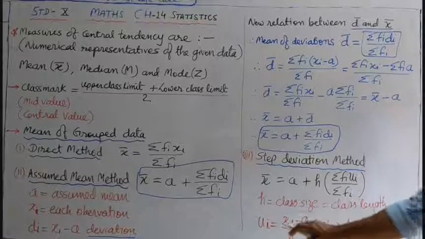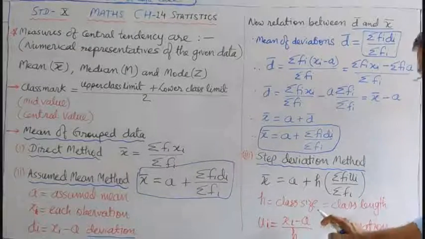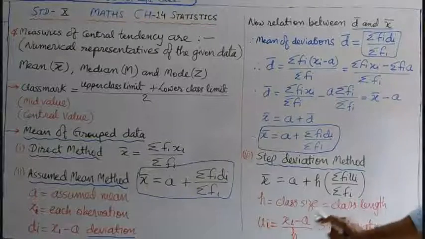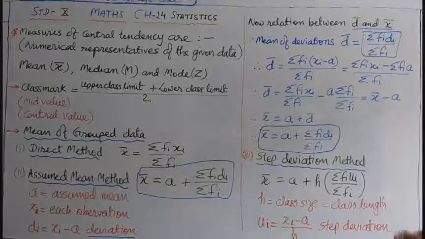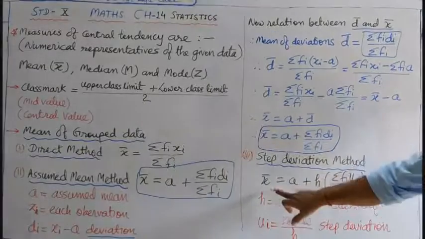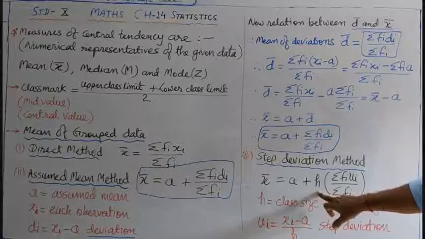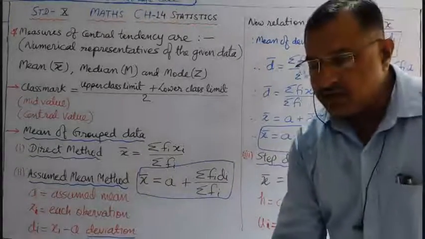So ui is called step deviation, that is each observation minus assumed mean divided by class size. So that is here deviation, step deviation. So now let us derive this relation also, that is mean is equal to assumed mean plus class length or class size, in bracket sigma fi ui upon sigma fi. So let us derive this relation.